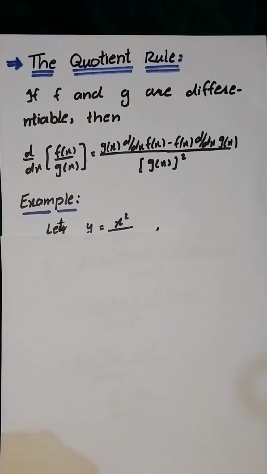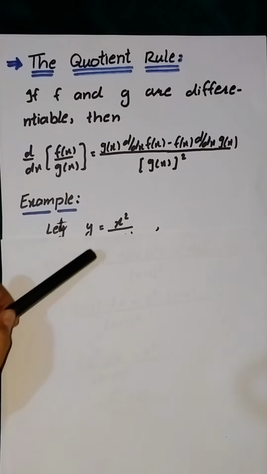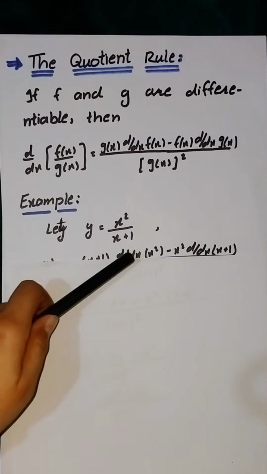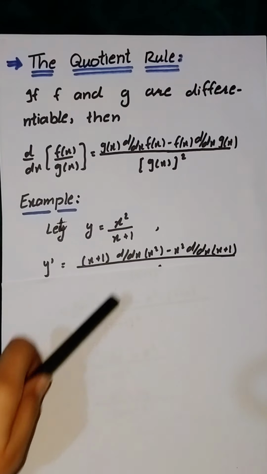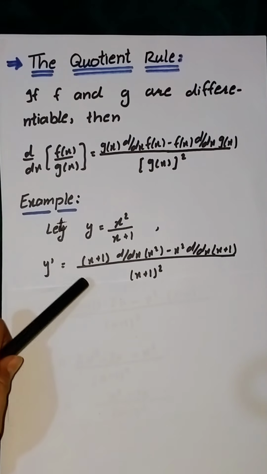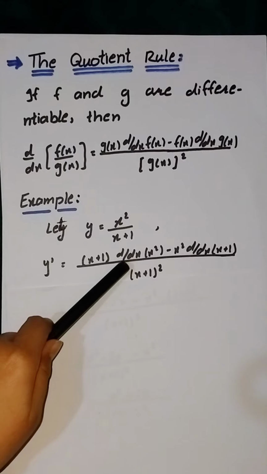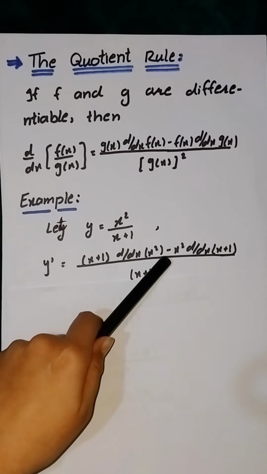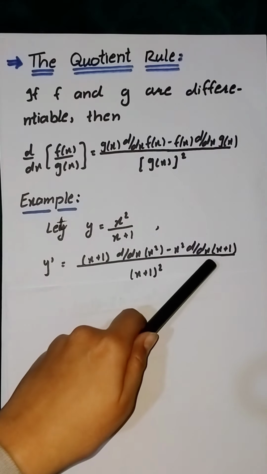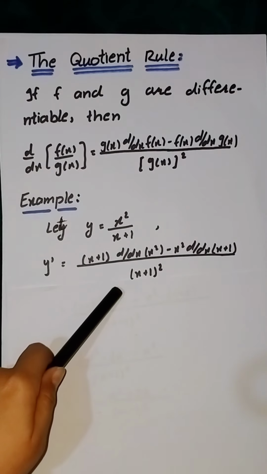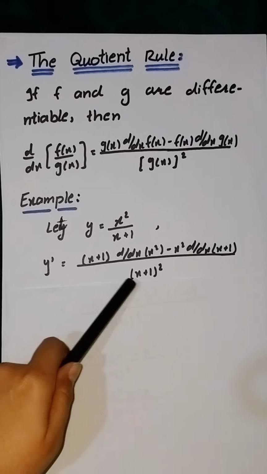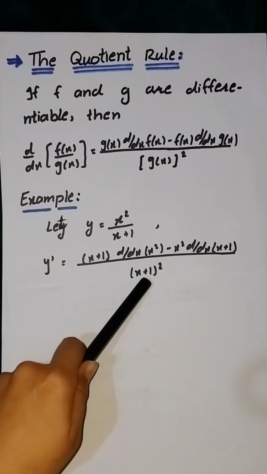Let y be equal to x square divided by x plus 1. Then the derivative of y is equal to the denominator times the derivative of the numerator minus the numerator times the derivative of the denominator, whole divided by the square of the denominator.